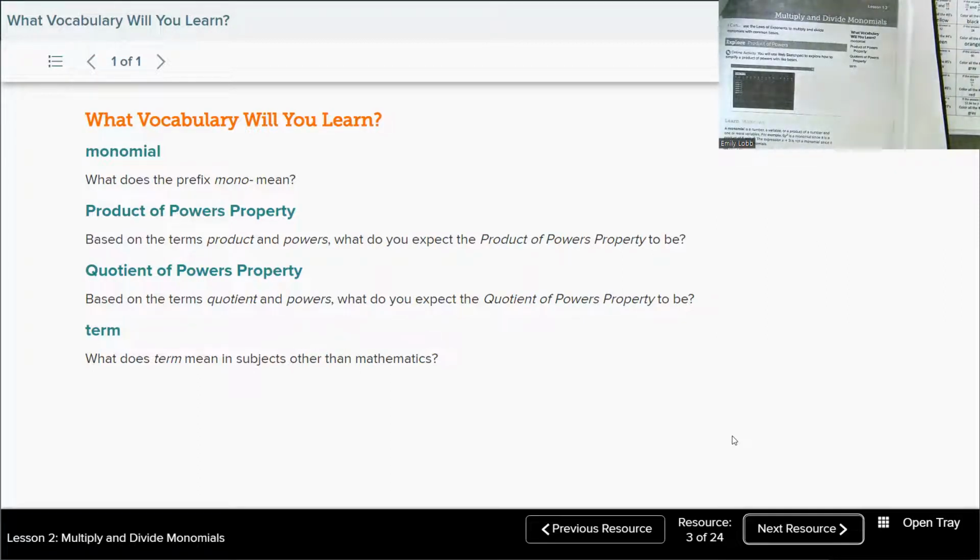Quotient of powers, same thing, but what does quotient mean? What's a quotient? The answer to what type of problem? Division. Excellent. Fantastic. So instead of multiplying powers, like our product of powers, we're going to be dividing powers for our quotient of powers. And term, what does term mean in subjects other than mathematics?